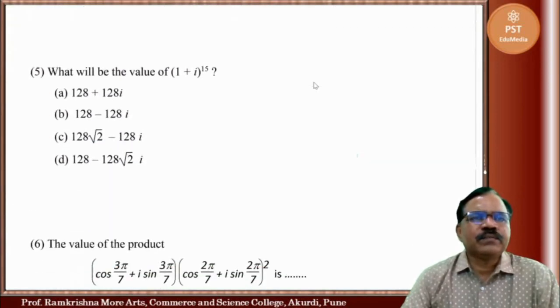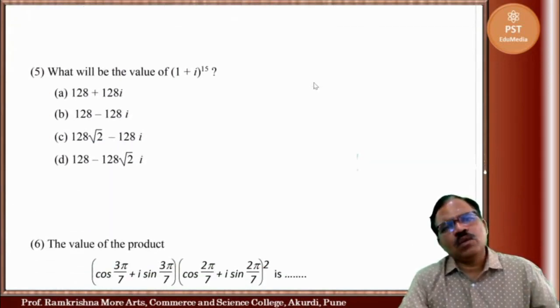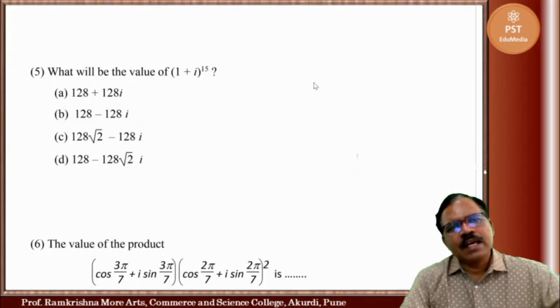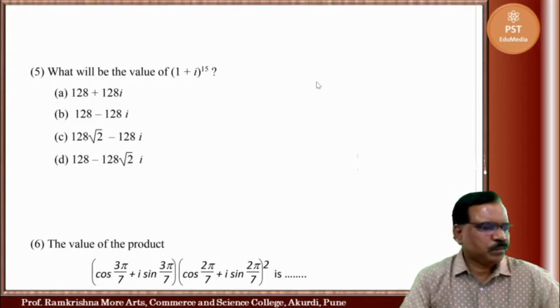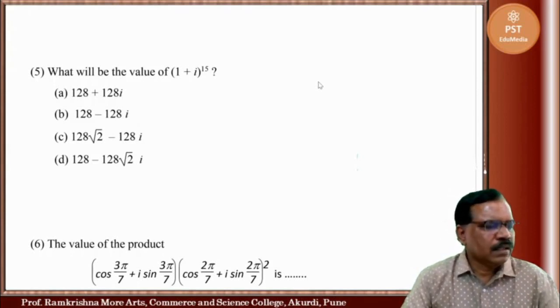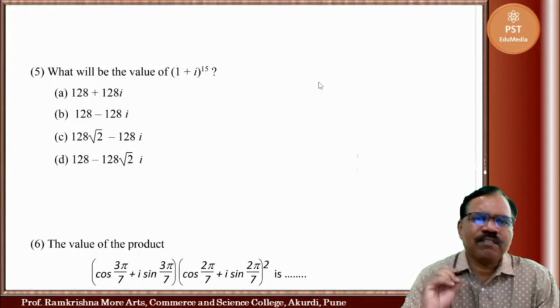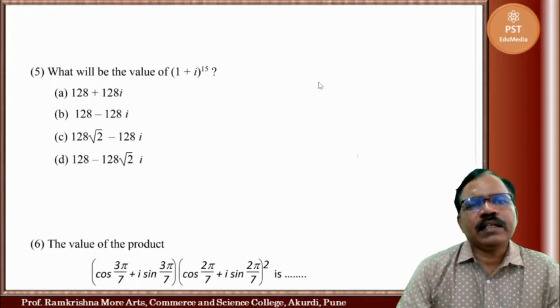Now next one: what will be the value of (1 plus i) raised to 15? So we have to find the 15th power of 1 plus i. We'll take z, that is 1 plus i, which is equal to x plus iy.